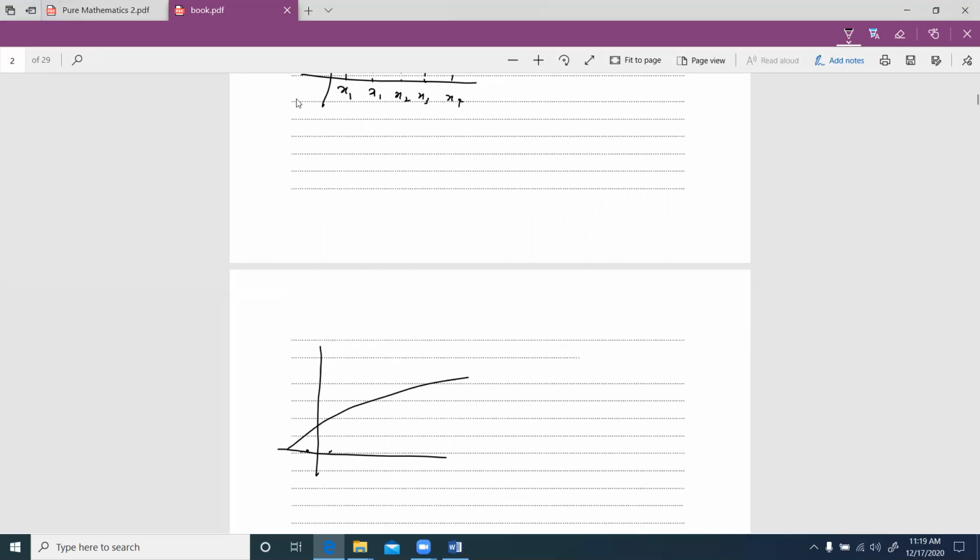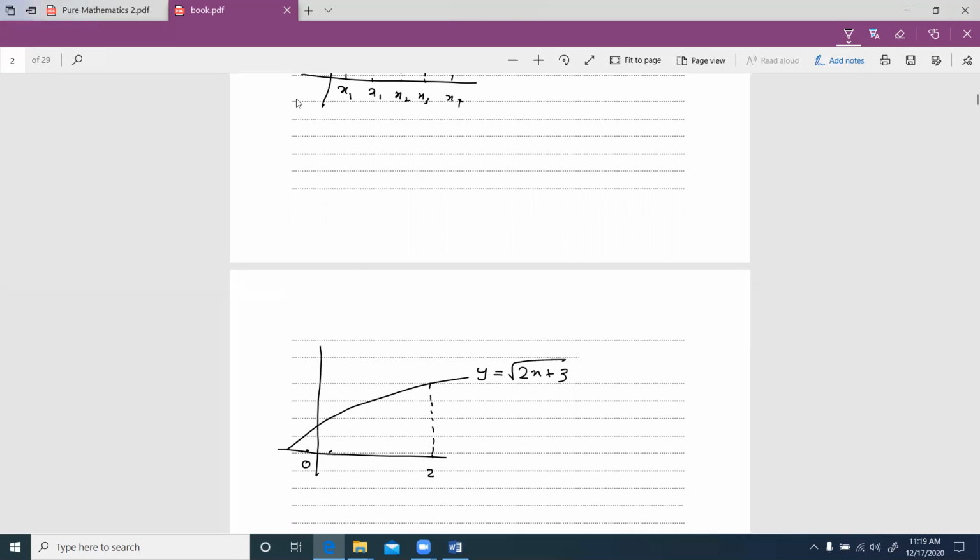They have given y equals the square root of 2x plus 3. I need to find the area from 0 to 2. Suppose that you need to find the area from 0 to 2.